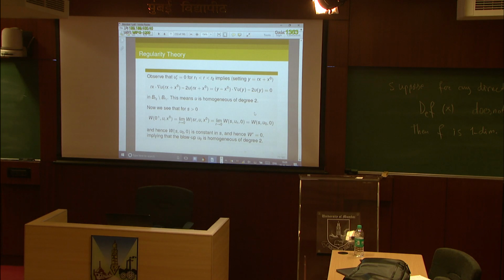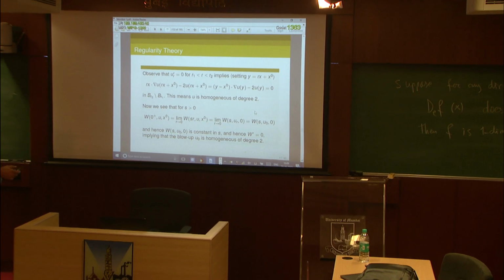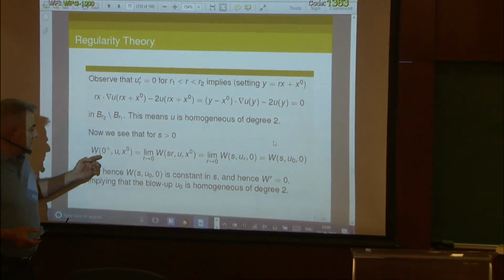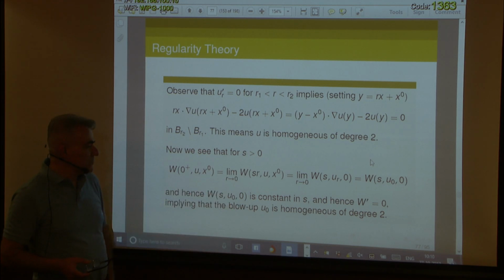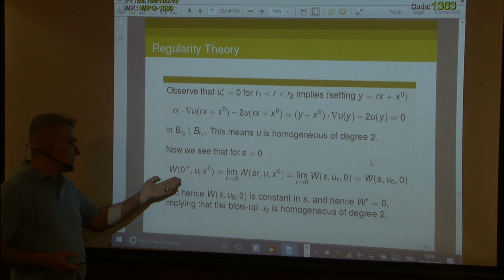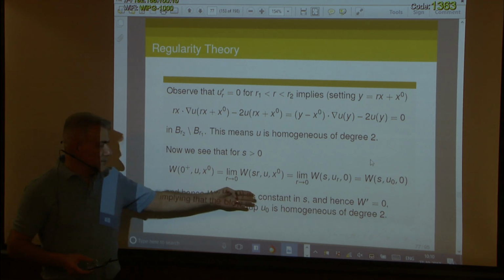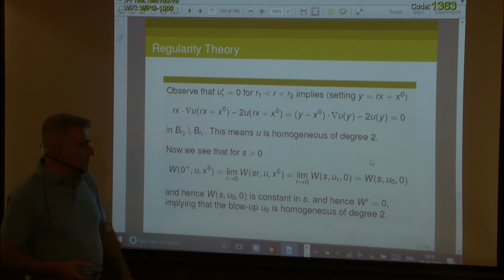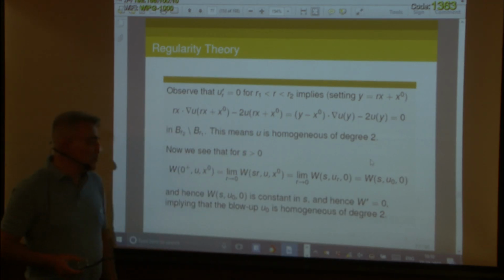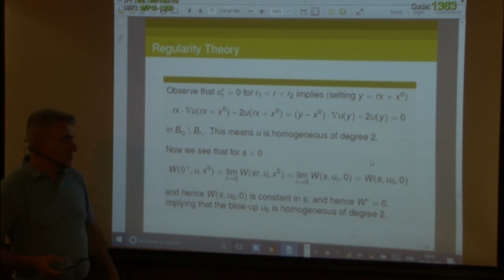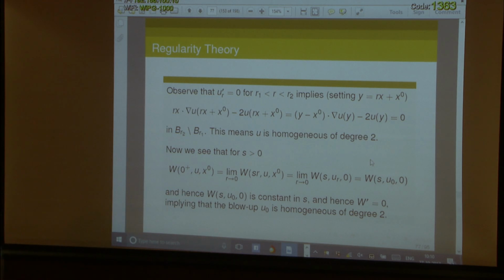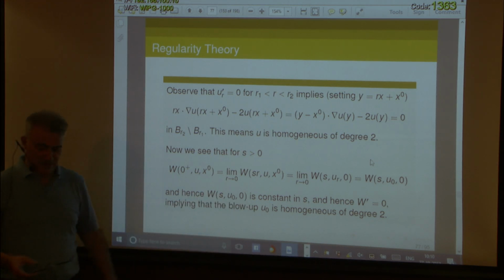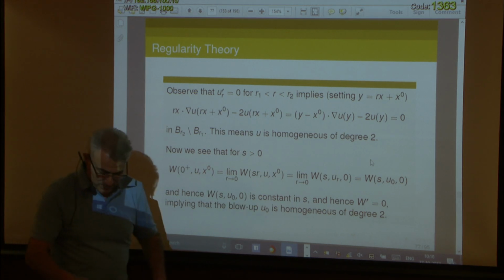Where we use the Weiss monotonicity formula, and from that we see that once you put r and s here, two different values, and then one of them goes to 0, of course then the product will go to 0, so you get this one. And rescaling, you get that the limit is going to be the monotonicity formula of the blow up. But then it's constant, so we realize that the derivative should be always strictly positive unless the function is homogeneous of degree 2. So therefore, u0 must be homogeneous of degree 2 because the value is constant. So that was the proof of it.